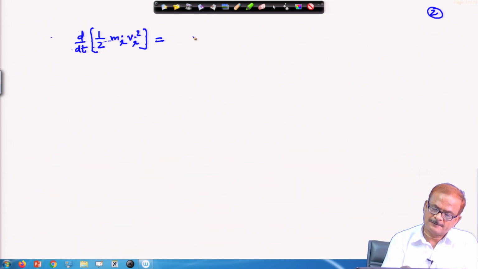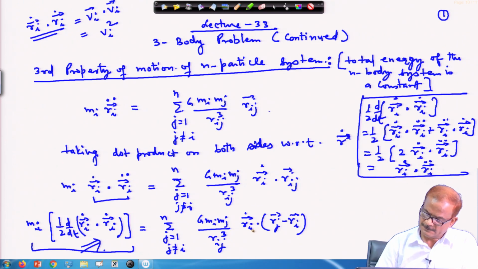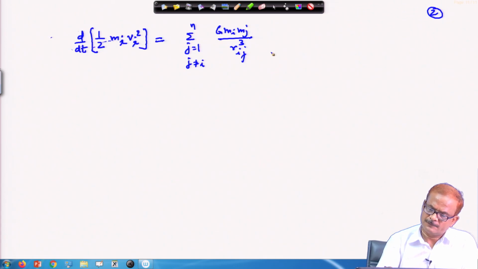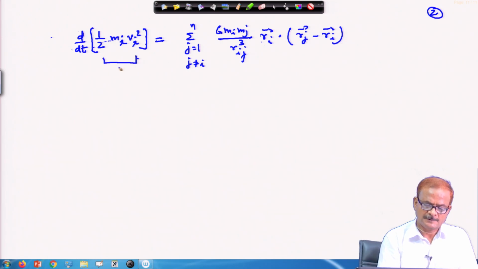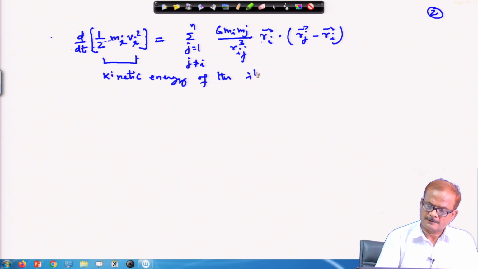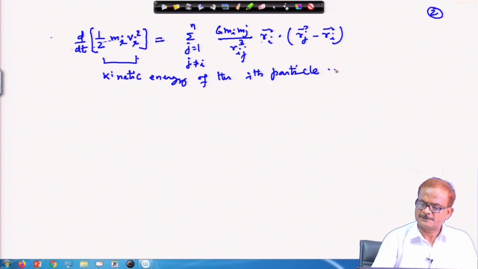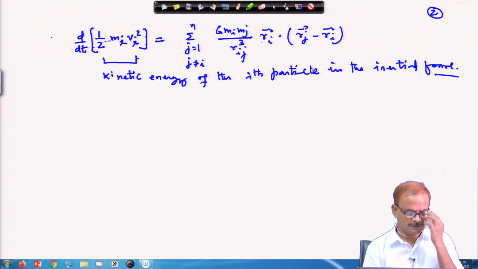On the right hand side we have summation j equal to 1 to n, j not equal to I, of the term with r I j whole cube, and here r I dot dot r j minus r I. We copy the same way here. Now, on the left hand side we can identify that this is the kinetic energy of the Ith particle in the inertial frame. But the right hand side is still not clear and we need to work it out.